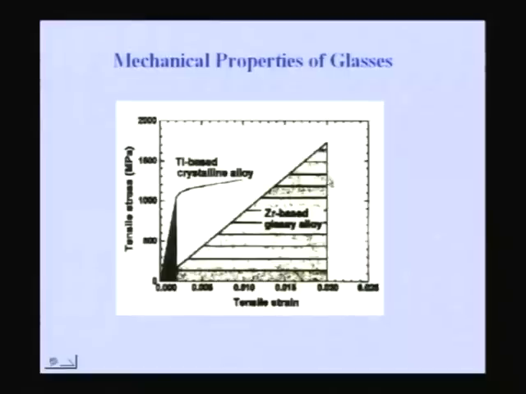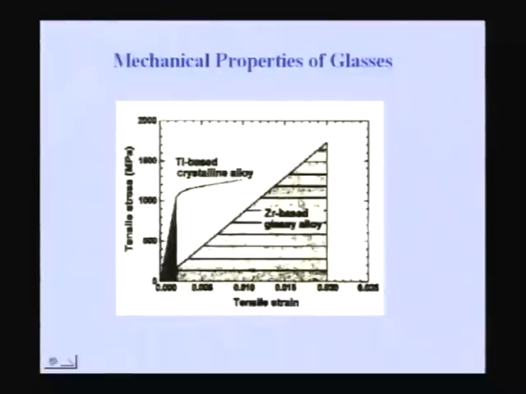Whereas the zirconium based glassy alloy, though it does not have high ductility and the plastic zone does not exist much, has a very large resilience, because of which people have already started using them in golf clubs. The head of a golf stick needs a lot of damping capacity. It should have a lot of shock absorption. That is what you can achieve with this. So people have started using zirconium based bulk glasses there. You can really make a bulk glass and put it there. So this is one application.